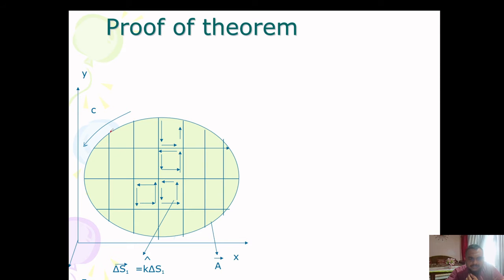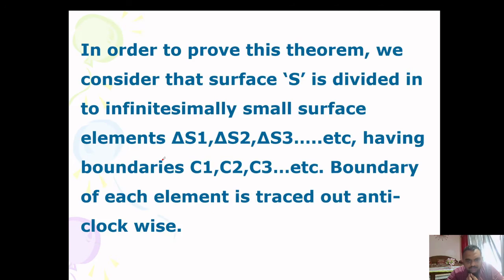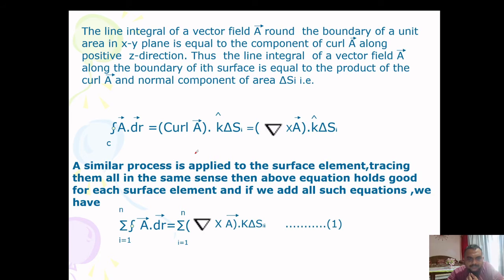So you have this surface, and this surface is divided into a lot of small surfaces. These are surface elements, and the surface elements have boundaries traced out in the anti-clockwise direction.